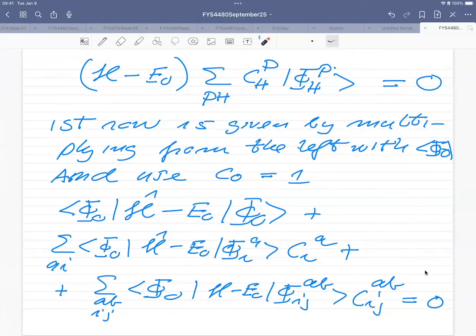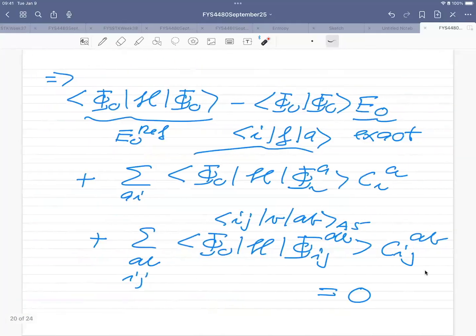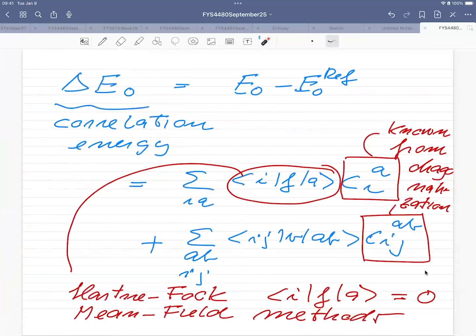If we now take the second row, it means that we would multiply with a one particle, one hole state. That's the second row of your Hamiltonian matrix. So let's do that and see what comes out. Because now we just produced the first row, and doing that, we could also introduce this concept of a correlation energy, which has a nice analytical expression, except that we don't know this one, and we don't know that one, unless we can diagonalize.